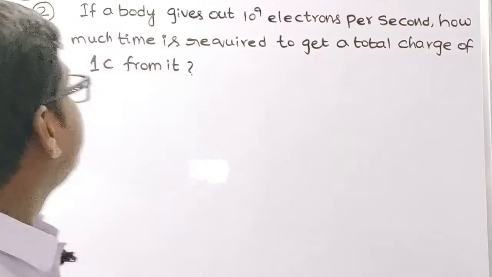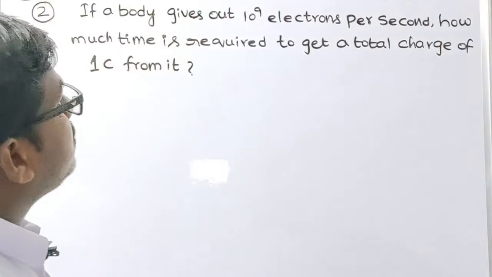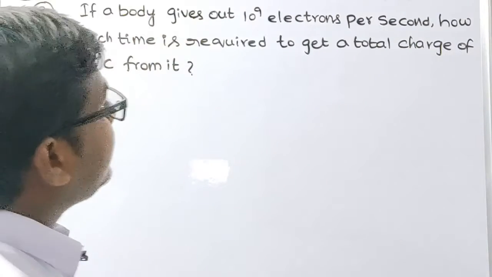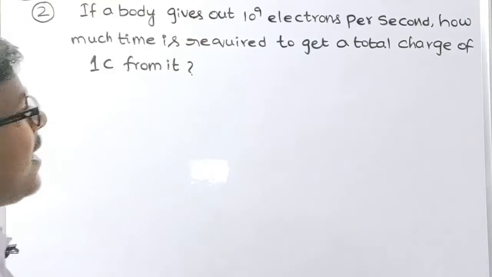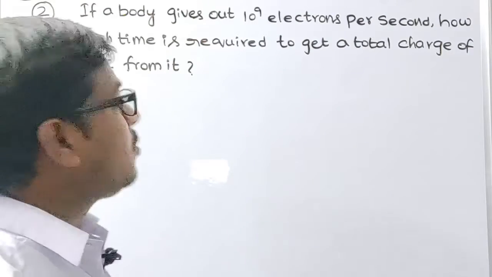The second problem: if your body gives out 10 power 9 electrons per second, how much time is required to get a total charge of 1 coulomb from it?